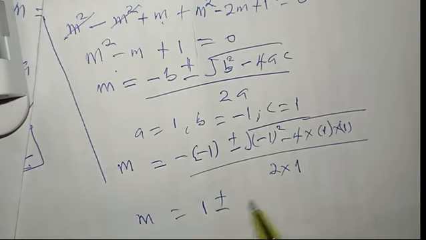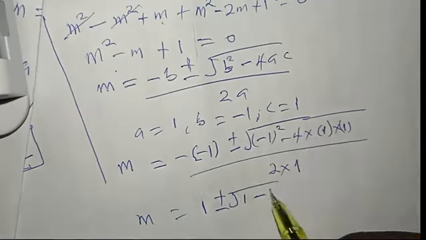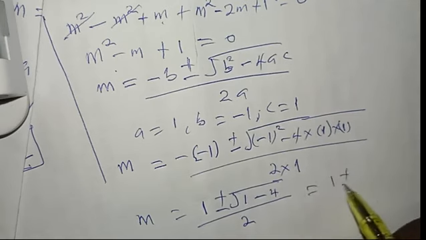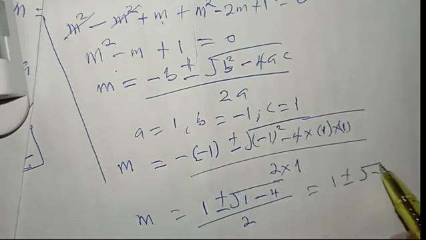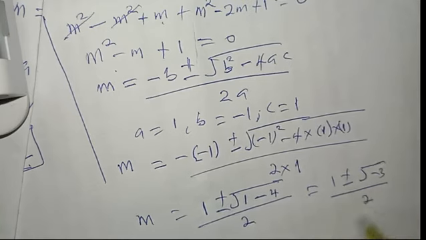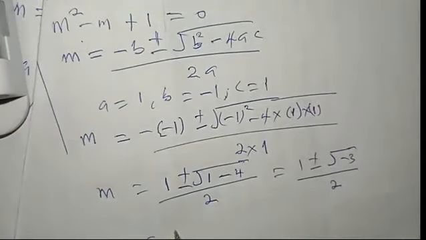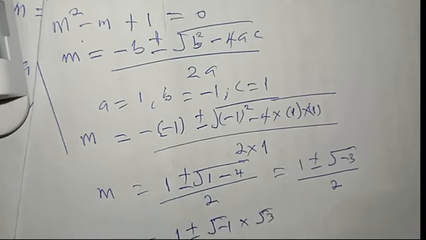Okay, so moving on, m is equal to, this gives me 1 plus or minus the square root of 1 minus 4, divided by 2, and this will be equal to 1 plus or minus the square root of minus 3 divided by 2. Okay, so splitting this square root of negative 3, this will be plus or minus root minus 1 multiplied by root 3 divided by 2.